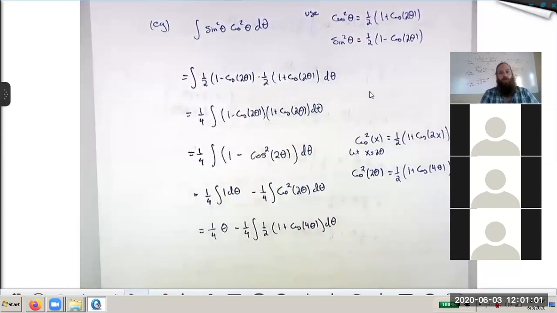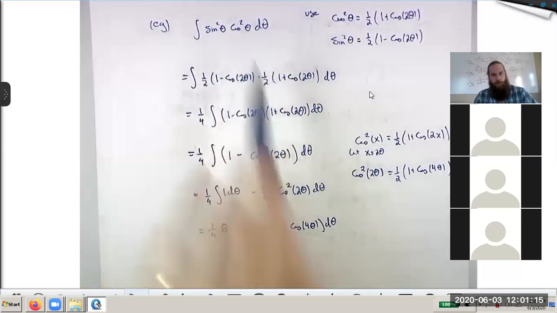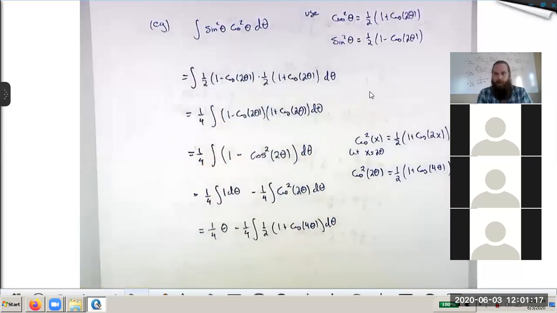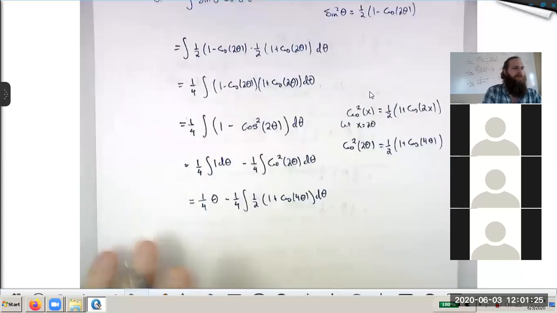And this is just how we repeatedly break down these things until there's no more powers. What happens is as the power goes down, the coefficient inside goes up. And every single one of these problems, sine, cosine integrals where the powers are both even, is just repeated application of this. You just bash the integrand with this algebra hammer over and over and over again. That's what I mean when I say these are not fun problems.